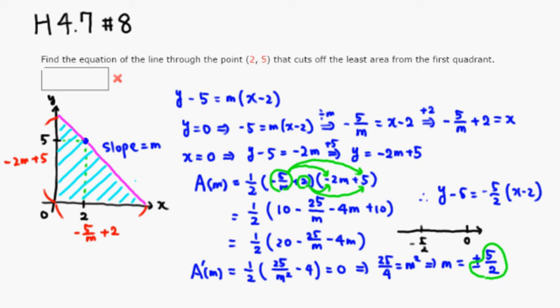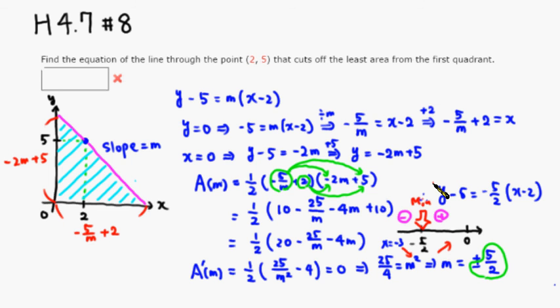If you try anything less than -5/2, like -3, you get 25 over 9 minus 4, which is negative. And after that, like -1/2 or something like that, it will be positive. So you have a decreasing function turning into increasing, so we know that here we will have a minimum.